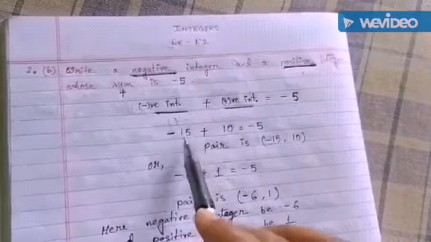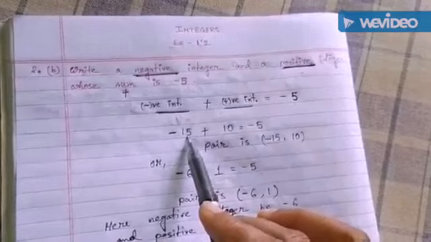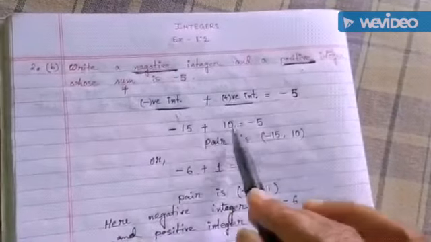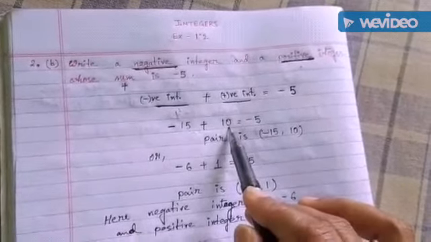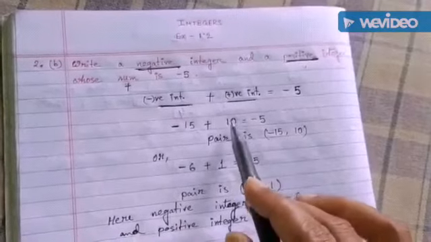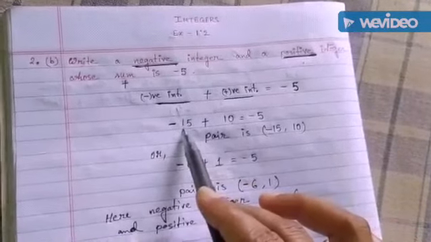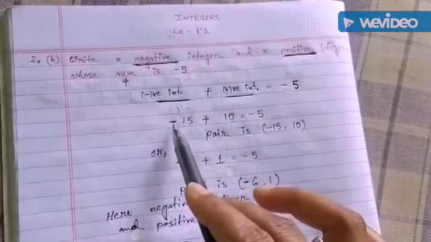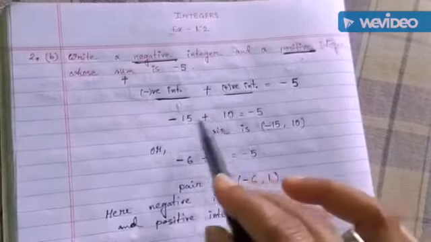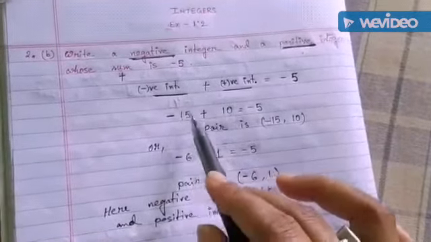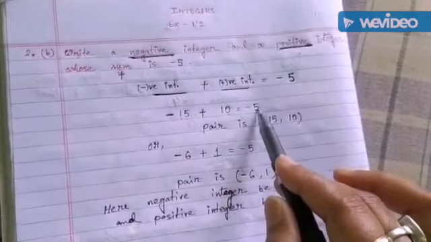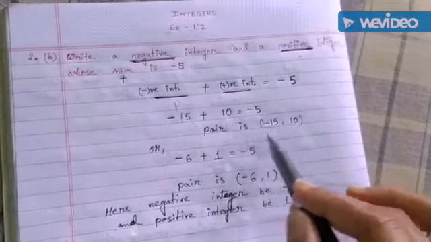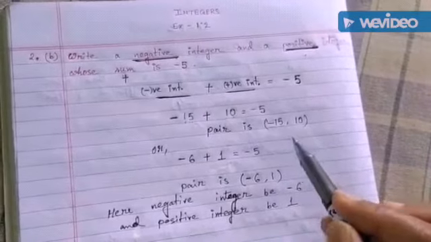So I have taken negative integer minus 15 and positive integer 10. Then if you calculate, 15 is greater, that's why the minus sign will be here and these numbers will be subtracted. That means 5. So you get the answer, and here the pair is minus 15 and 10.